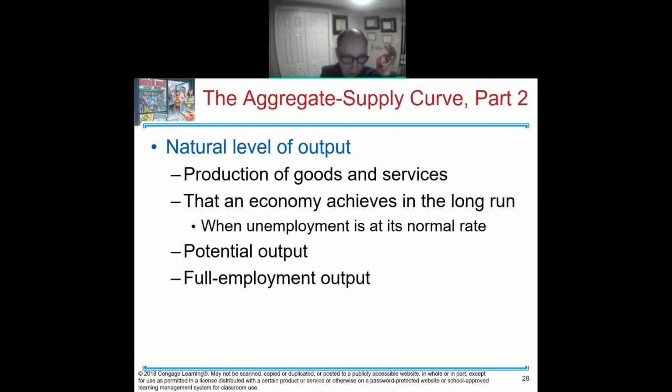In the long run, supply of goods and services is steady. In the long run, the prices are pretty steady. And at natural levels, there's potential for greater output and full employment.